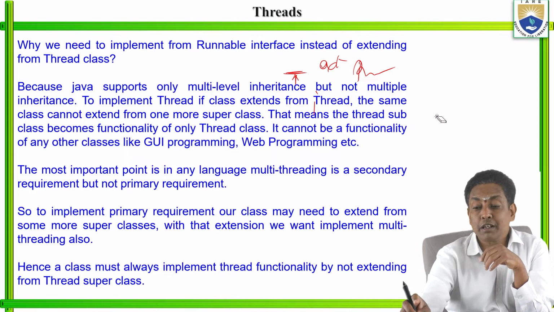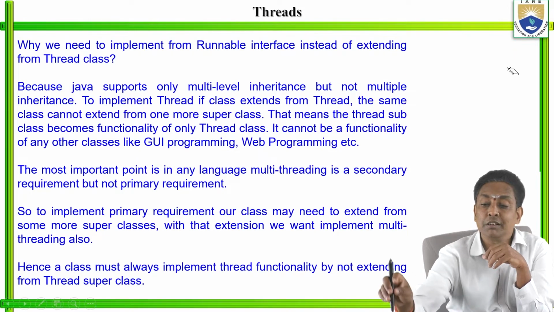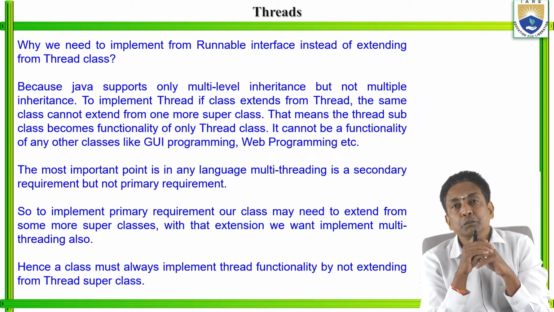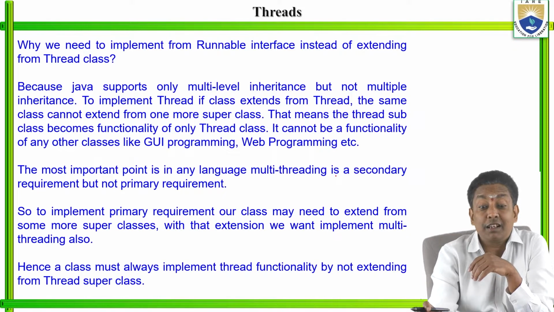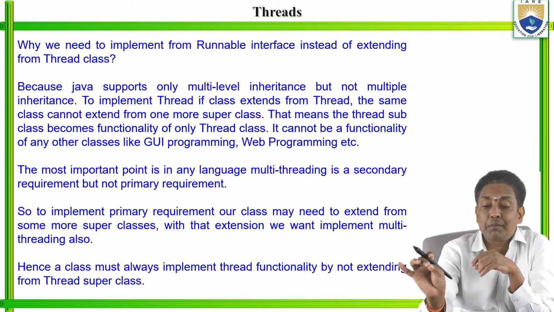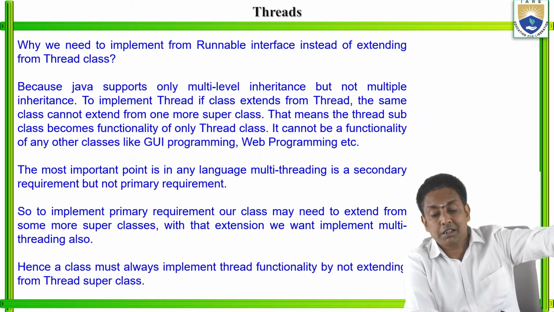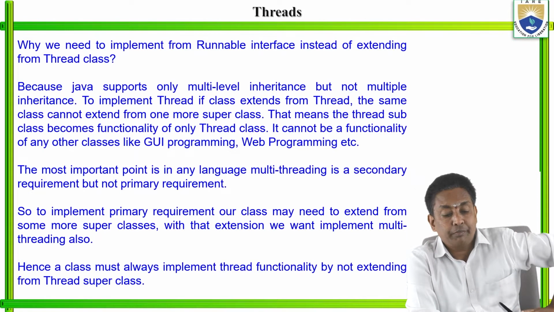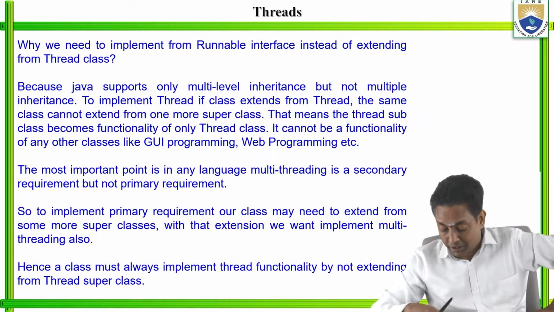The thread implementation should always be a secondary requirement and a second implementation, but should not be a primary requirement. The most important point is that in any language, multi-threading is a secondary requirement but not a primary requirement. So to implement the primary requirement, our class may need to extend from some more superclasses. With that extension, we want to implement multi-threading also. Hence, a class must implement thread functionality without extending from the Thread class.